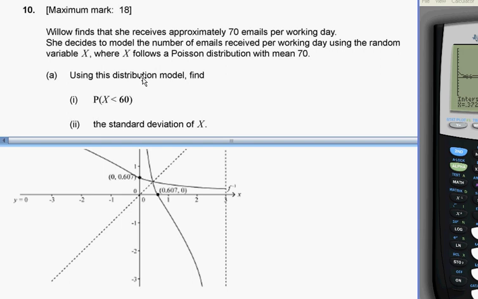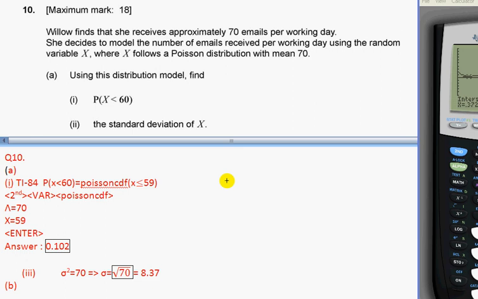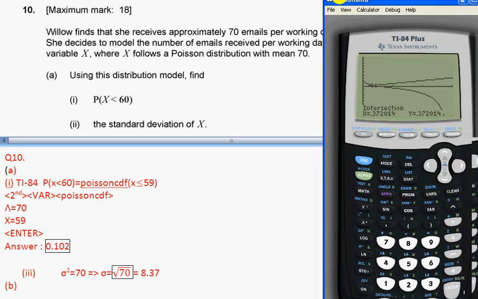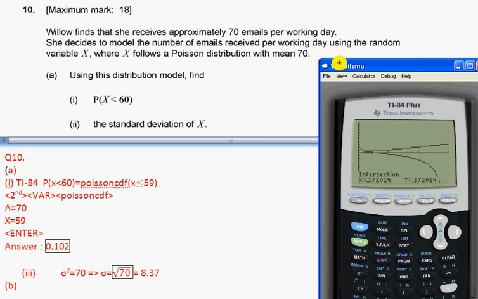Okay. So this is discrete random variable. So next after 60 will be 59. So for Poisson we need P(X less or equal to 59). Let's do it.